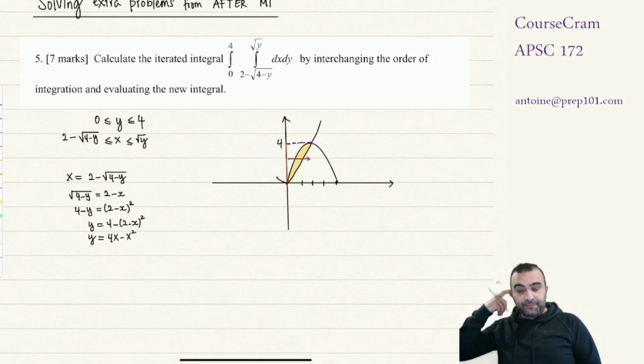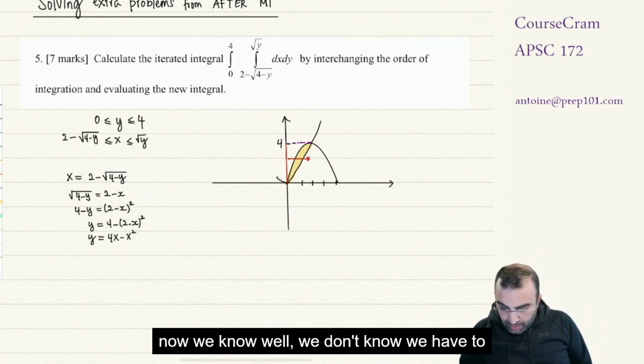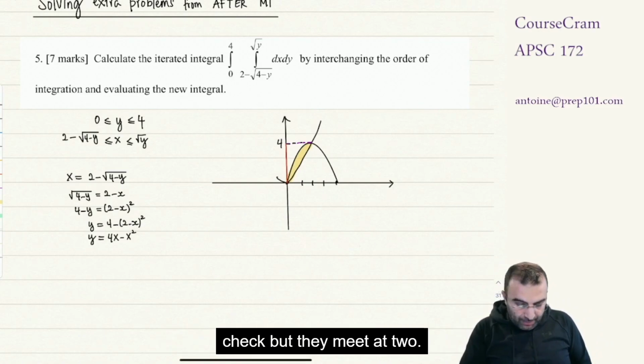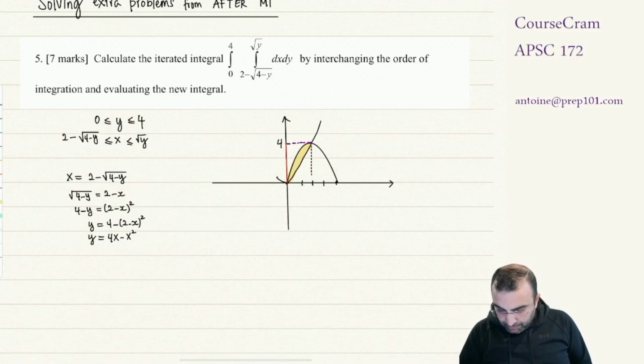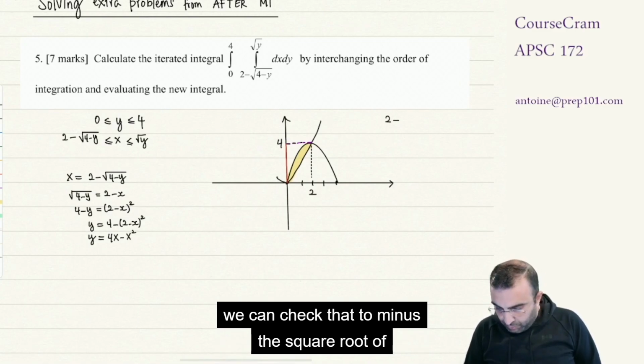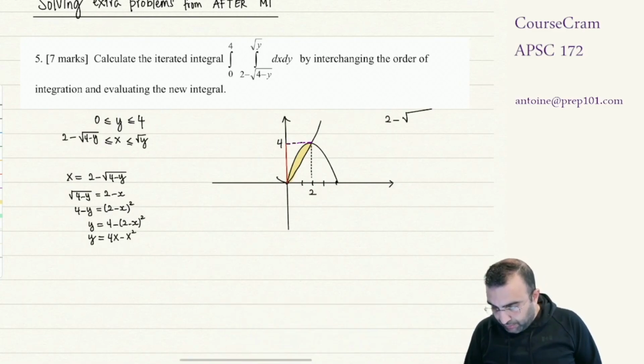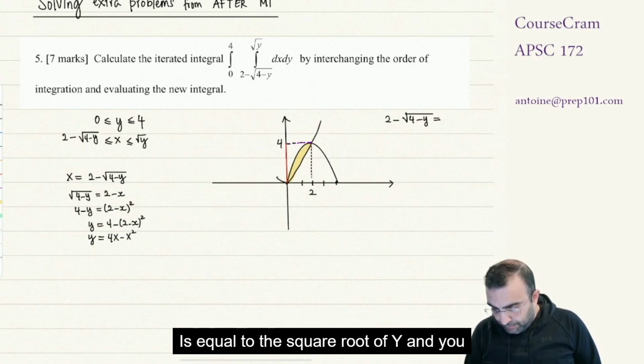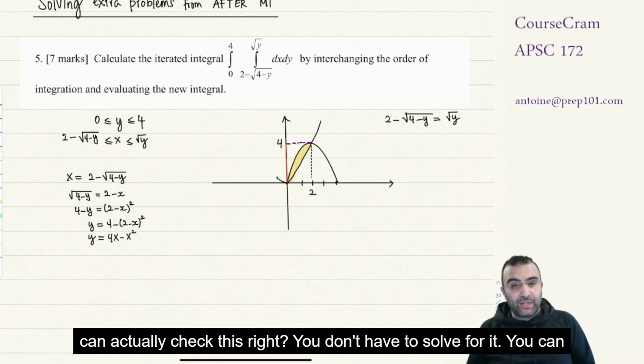Now, we know, well, we don't know, we have to check, but they meet at 2. We can check that 2 minus the square root of 4 minus y is equal to the square root of y. And you can actually check this; you don't have to solve for it.